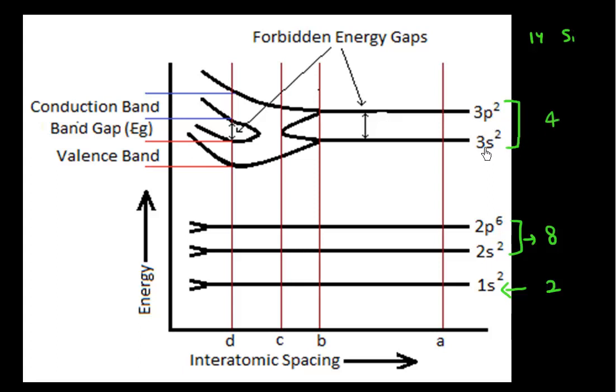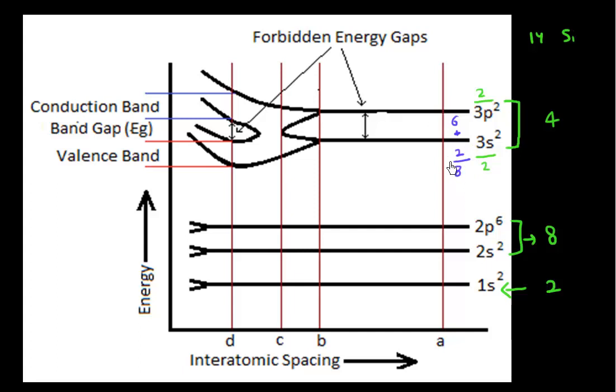Out of these 4, 2 are located in the 3s orbital, and the remaining 2 are located in the 3p orbital. And if you look at the total number of states available, this 3s orbital has 2 states available, and this 3p orbital has 6 states available. So in all, there are 8 states contributing from this outermost shell in the case of silicon.